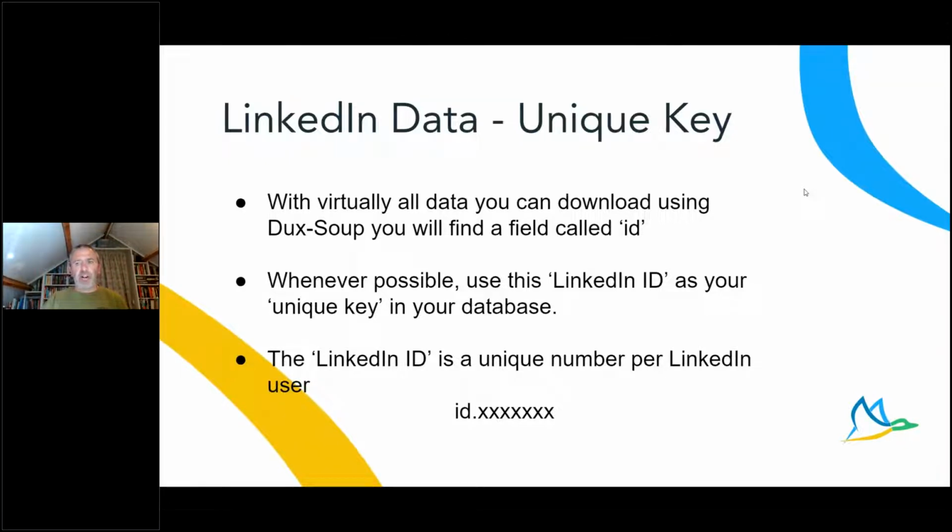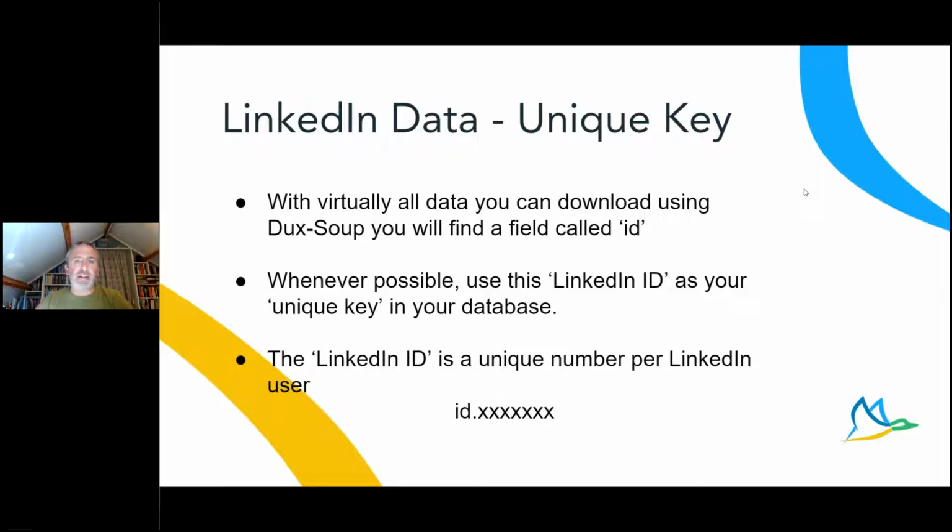So when you're trying to find duplicate records, or make sure that you're merging records together, then yeah, you can use the LinkedIn ID, as we call it, as your unique identifier. And that's available if you scan lists, if you visit profiles in all of the platforms, and use that as your unique key in the database.